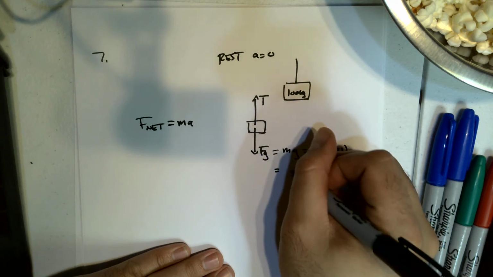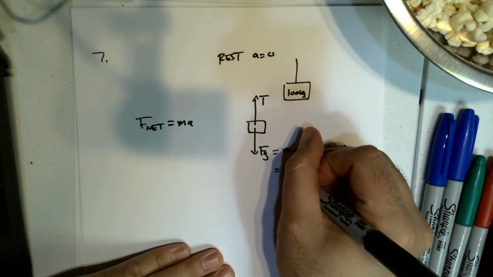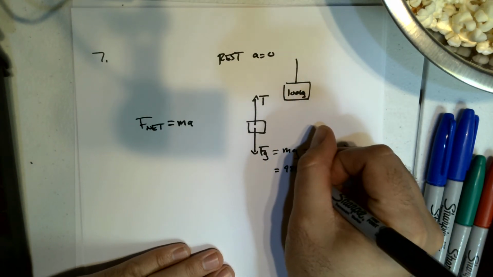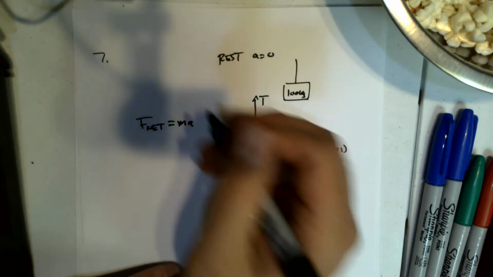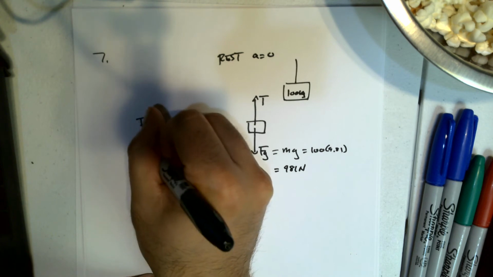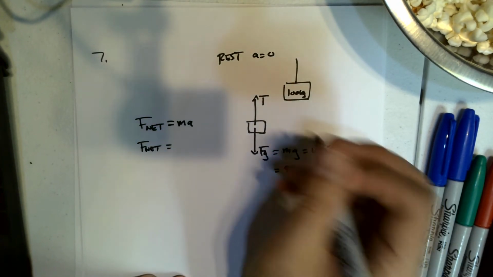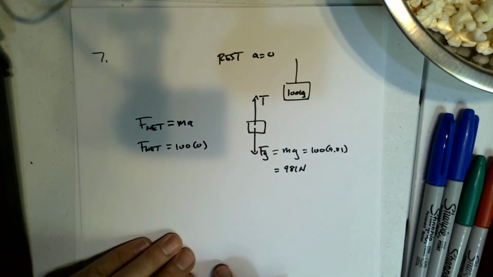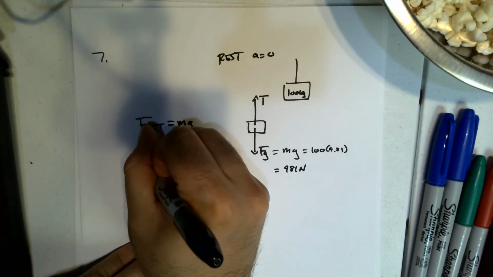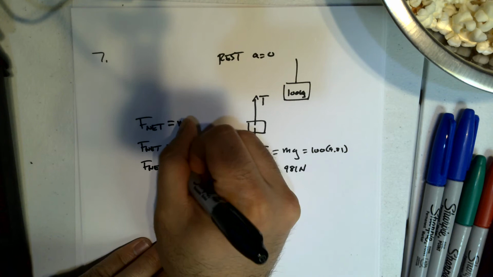So basically, we know that this downward force is 981 newtons down. And now let's look at the net force. Because the acceleration is 0, and even though the mass is 100, we get 100 times 0. That tells me that the net force is 0.